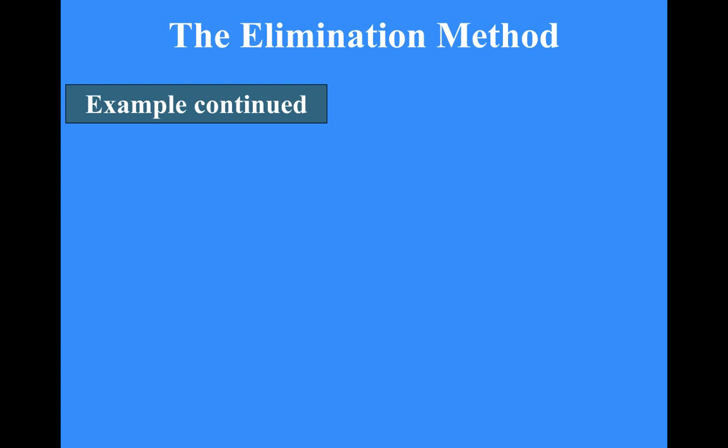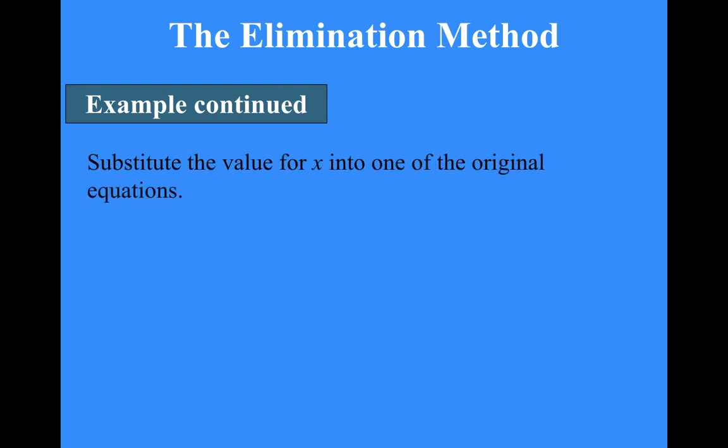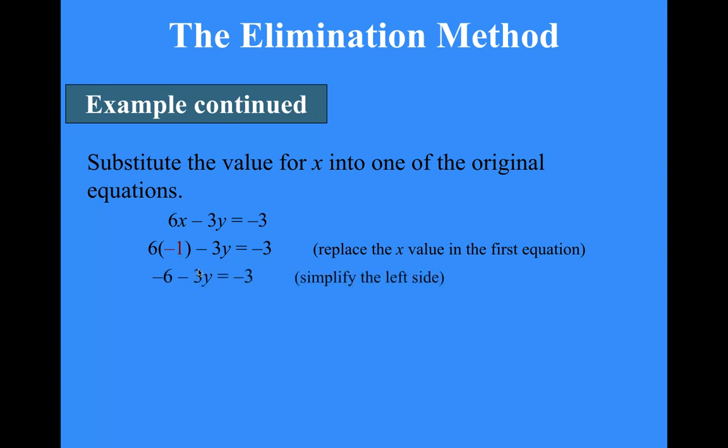So again, we're going to solve for y now that we know what x is. We're going to substitute. I had 6x minus 3y equals negative 3. Plug in negative 1 for x. 6 times negative 1 gives me negative 6. Minus 3y equals negative 3.